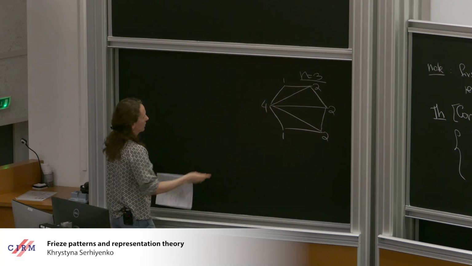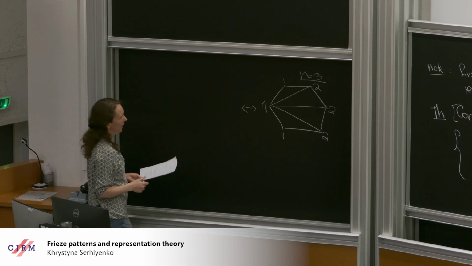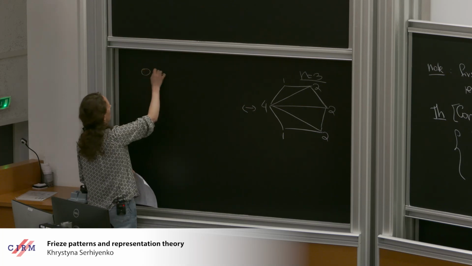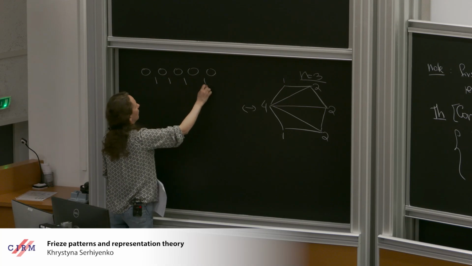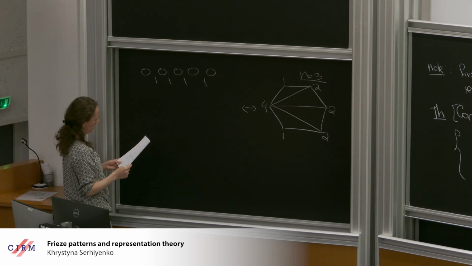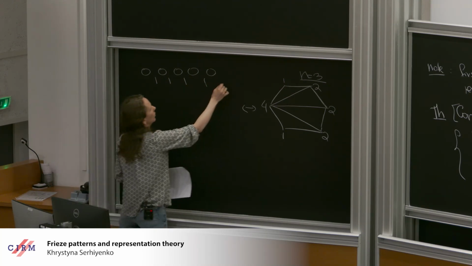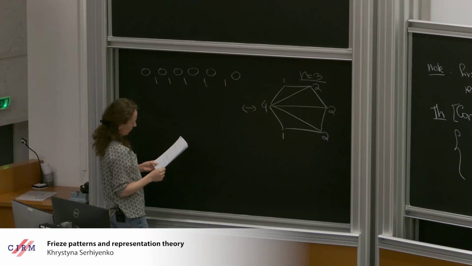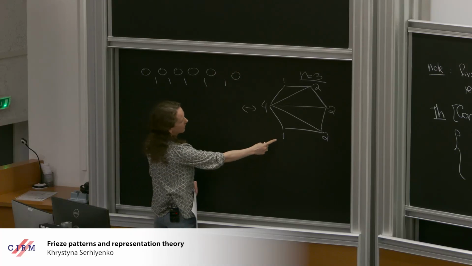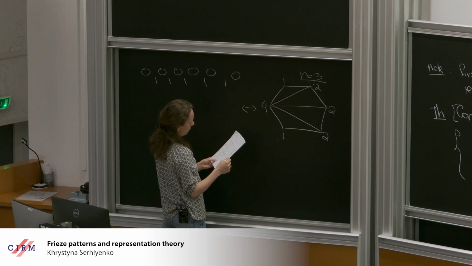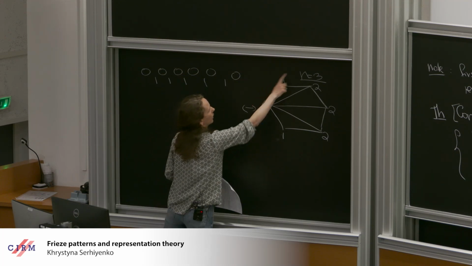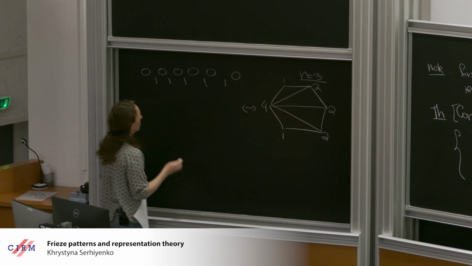Okay, and the frieze I'm going to get out of this: I start with my row of zeros, my row of ones, and then I need more. Which one do I want to start with? 1, 4. So I'm going to start with this, and I'm going to go 1, 4, 1. I'm going to go clockwise around the boundary.